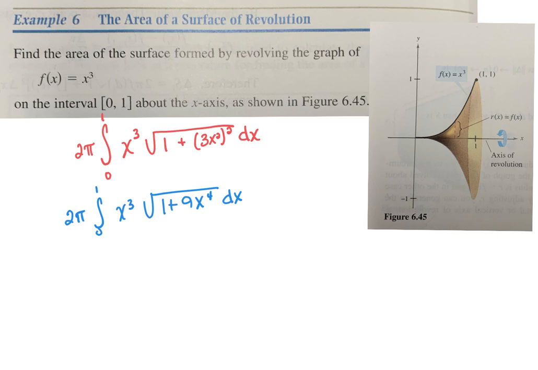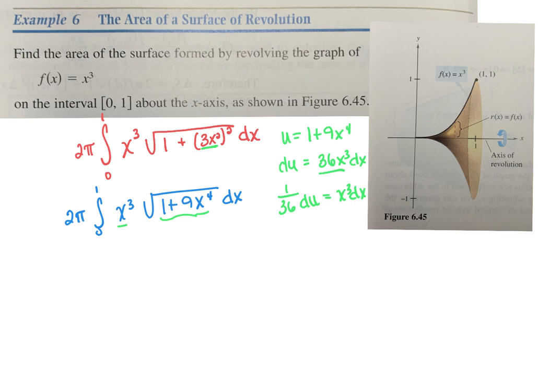So if I were to do u substitution here, my u value would be 1 plus 9x to the 4th. My du would be 36x cubed dx, right? What makes it go from 3 to 9? I squared it. I squared the entire thing. All right, I don't want a 36x cubed. I want just an x cubed. So I would say 1 over 36 du will equal x cubed dx, all right?